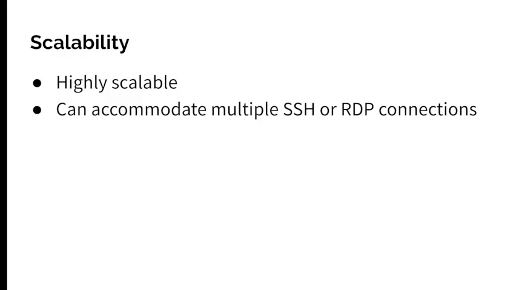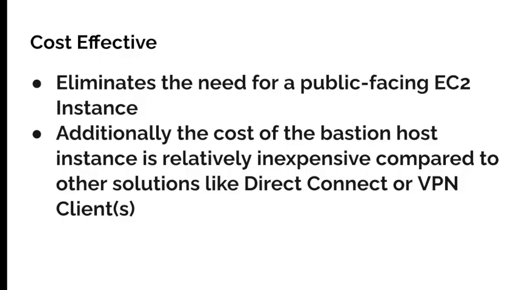Going on to scalability, the Bastion host is highly scalable and it can accommodate multiple SSH or RDP connections. Cost effective. So this eliminates the need for a public facing EC2 instance. Basically, we just use this Bastion host and keep everything else locked down inside our private network.